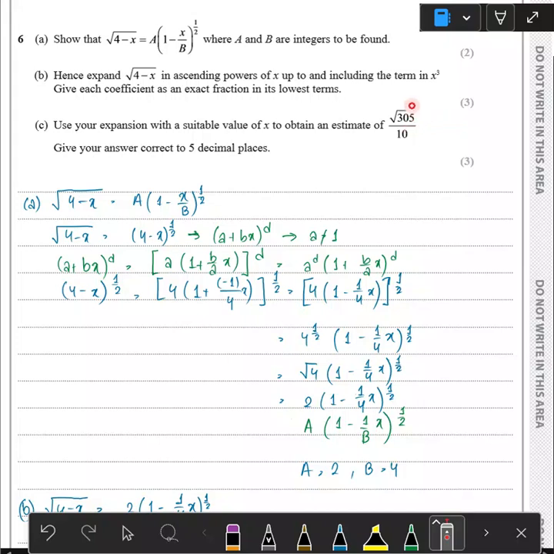What you have to do is make this thing look like this, and then find the value of x for which this becomes this, and put that value of x in the expansion that you found in part B.